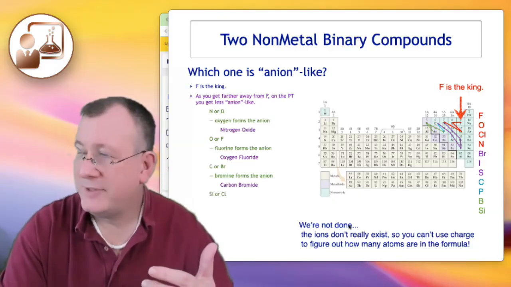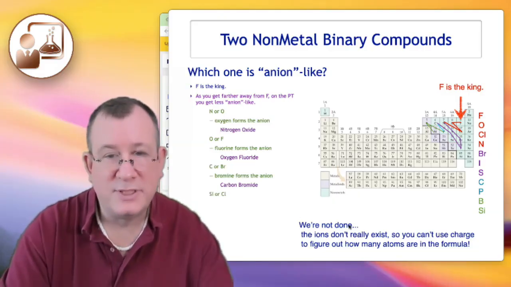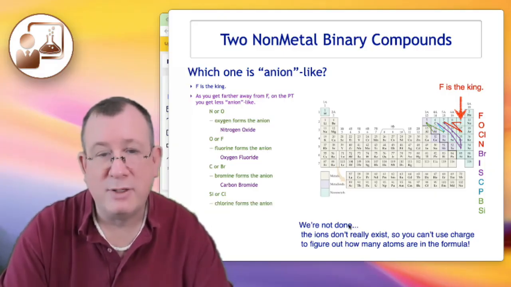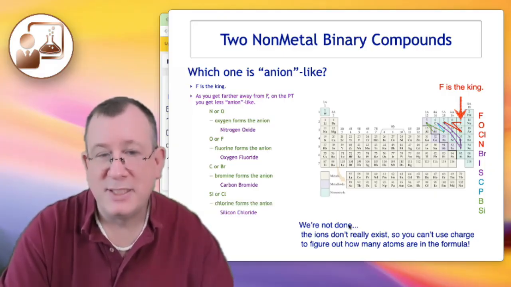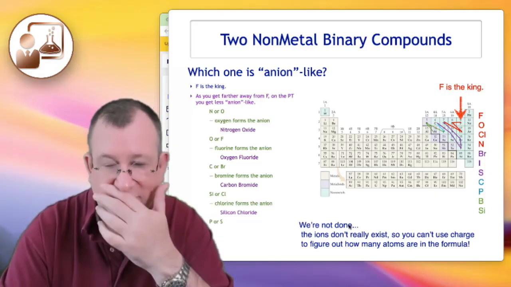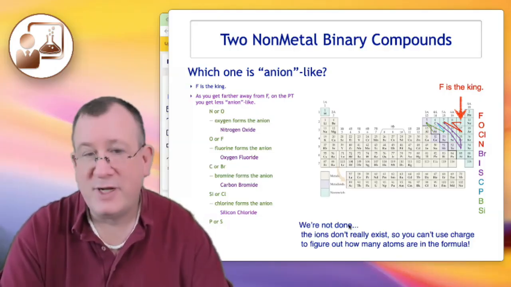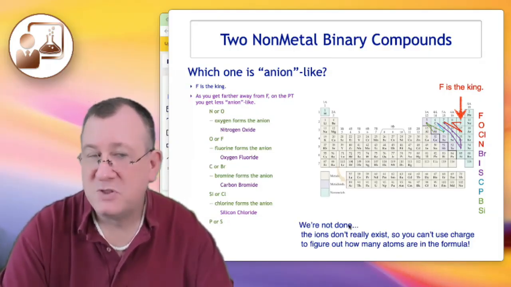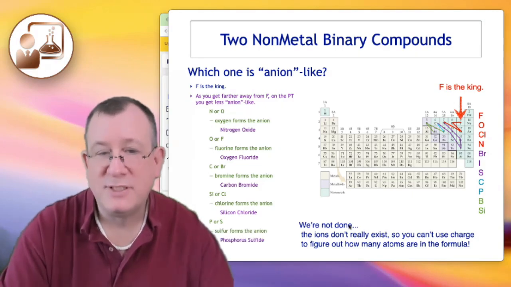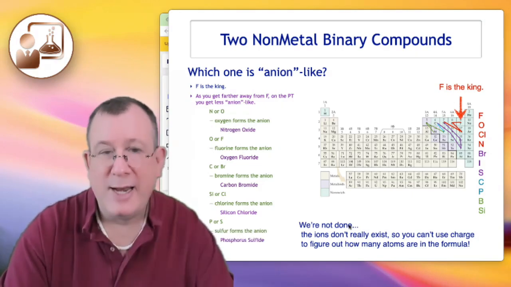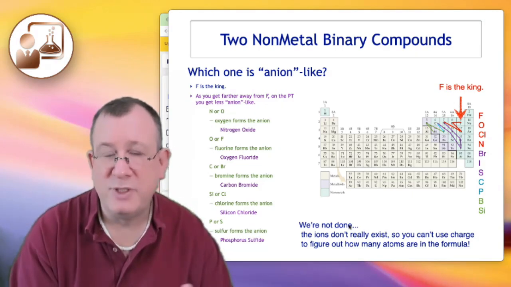If I have silicon and chlorine, see where silicon is? Chlorine, though, is right under it. That's going to be a silicon chloride. And if I have something like phosphorus and sulfur, sulfur is a little bit closer than phosphorus, so that becomes a phosphorus sulfide.